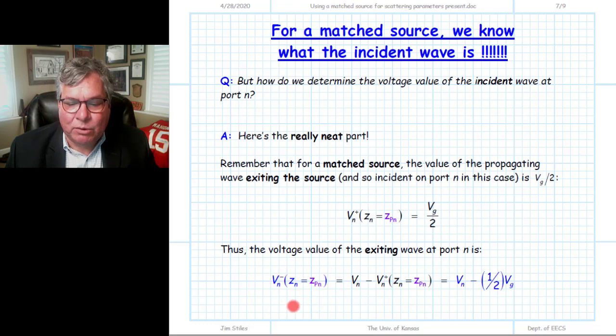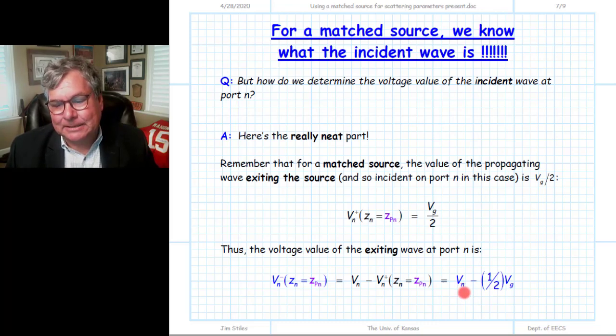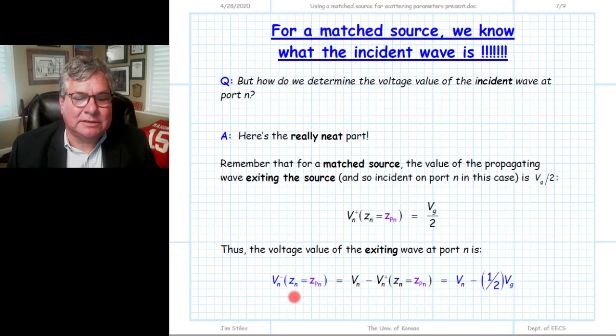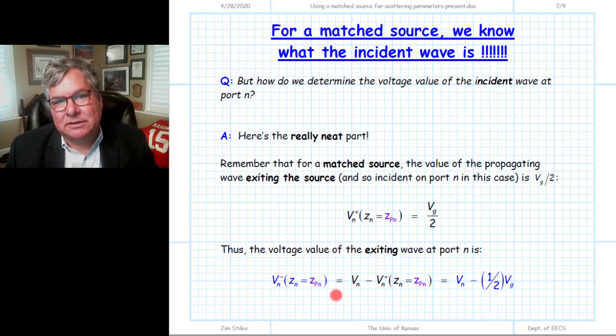The wave voltage exiting that port where the match source is attached is equal to the total voltage, which we've determined by analysis, minus 1/2 Vg. So we do the analysis using our freshman circuits, and we get a total port voltage at some port where the match source is connected, 6 volts or whatever, complex, of course, and then we subtract from that 1/2 Vg. And that gives us the value of the exiting wave, and that's what we need to determine scattering parameters.